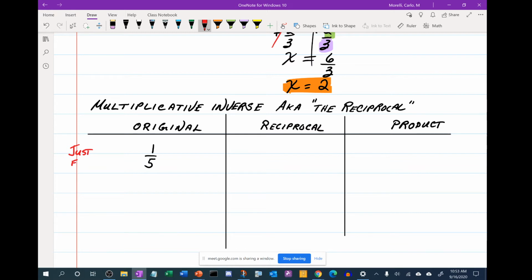Just flip it. So we do 5 over 1. Correct. Can we reduce 5 over 1? What is that? It's just 5, right? On the test tomorrow, I'll accept either 5 over 1 or 5.